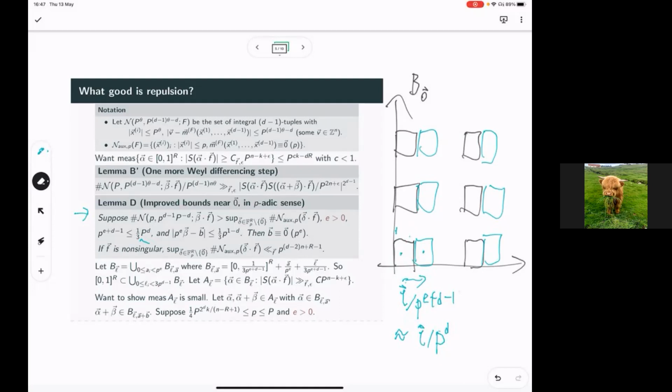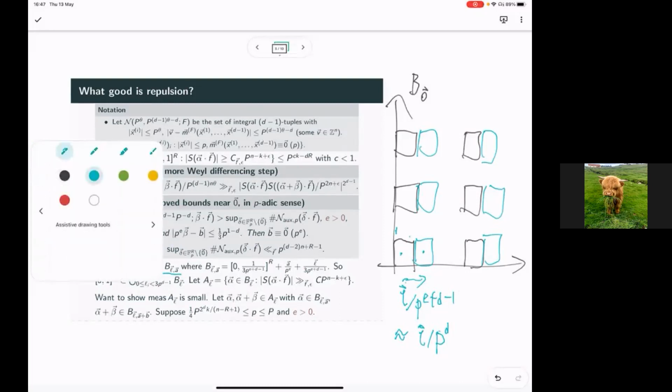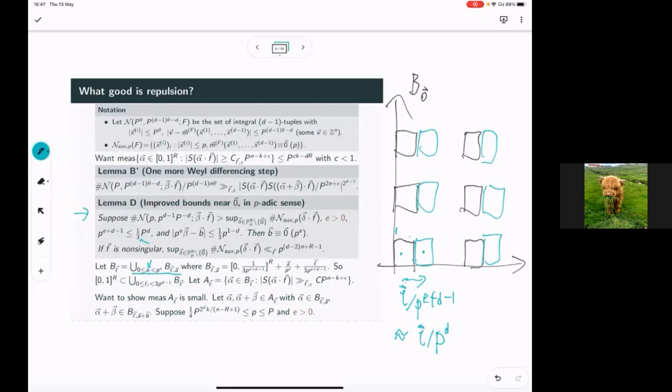So in this definition of B subscript L, it's a union over something called A. So A here is the displacement from the box that's nearest to the origin to the box that we're actually in.